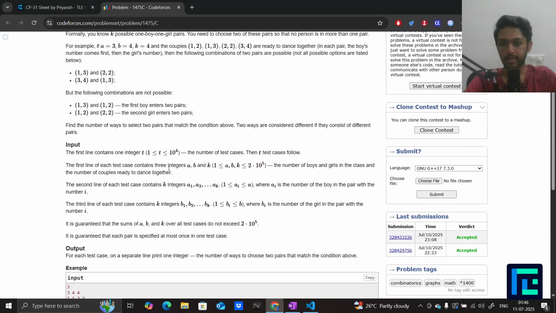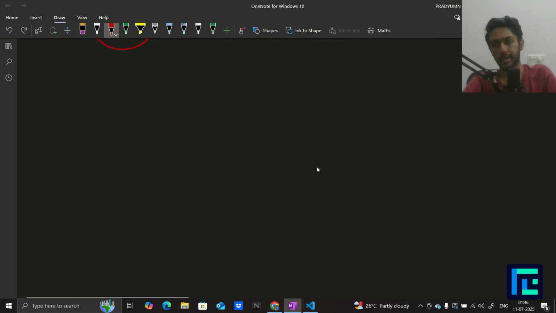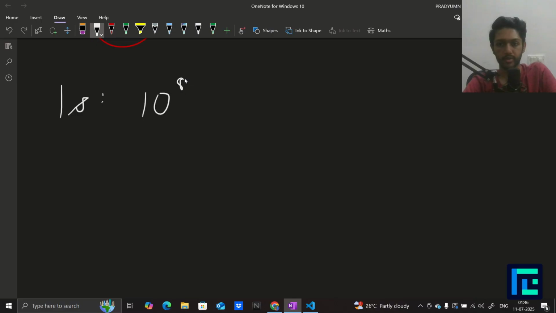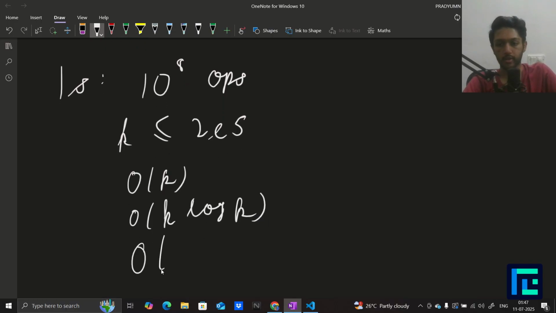The constraints here are that A, B and K are all up to 2e5. Since we know that in 1 second we can do around 10 to the power 8 operations, and since k is less than or equal to 2e5, we can do O of k or O of k log k time complexity, but not O of k square.